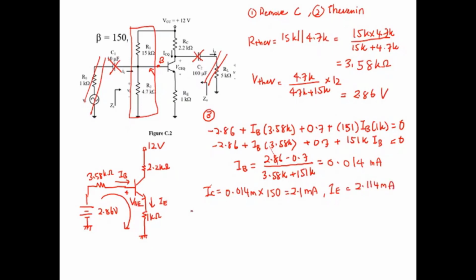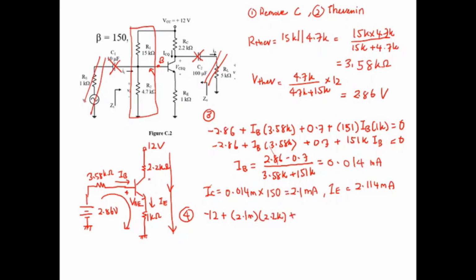Okay, so the next step is to do the KVL at the collector emitter loop, or collector emitter current path. The KVL is minus 12 plus IC times 2.2K. The current at the 2.2 kilo ohm is the collector current, so this is 2.1 milli times 2.2K.